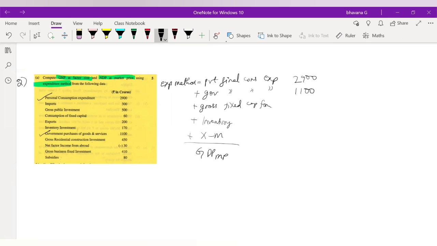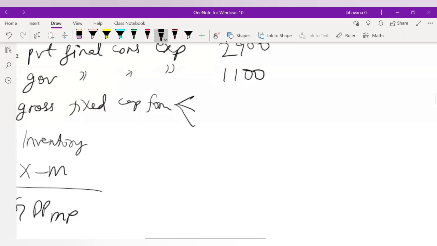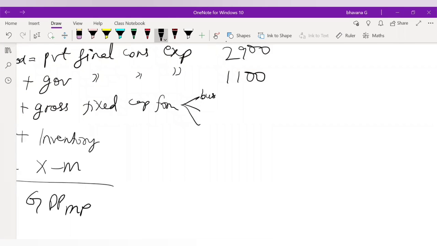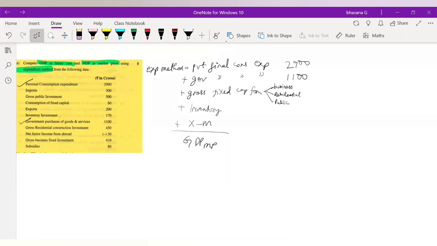Then you have gross domestic fixed capital formation. You have three parts in this. Okay, so you totally have three parts in this. What are the three parts? This can happen on the business side, this can happen for residential purpose, and this can also happen for public. Okay, so gross fixed capital formation can happen for business, it can happen for residential purpose, and can also happen for public purpose.